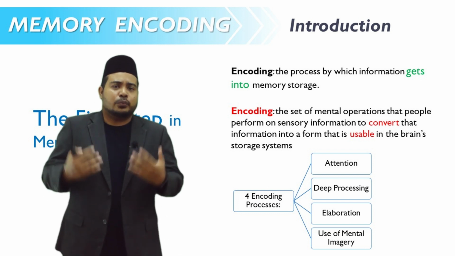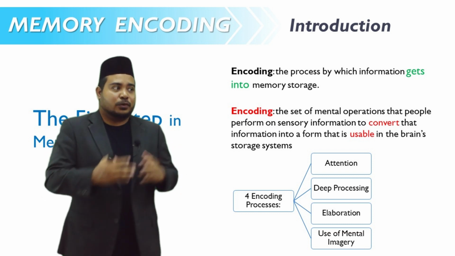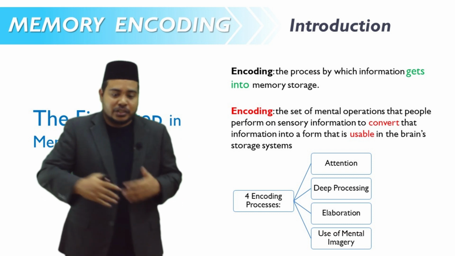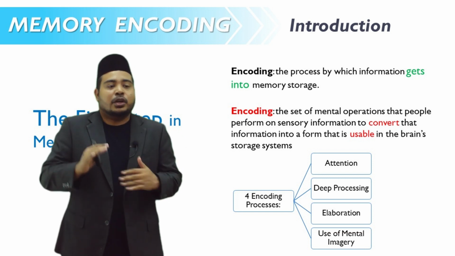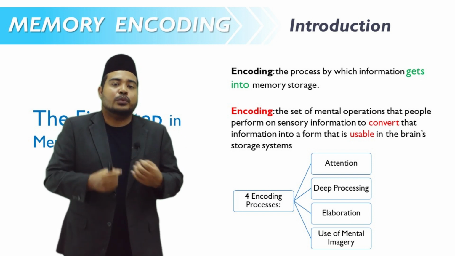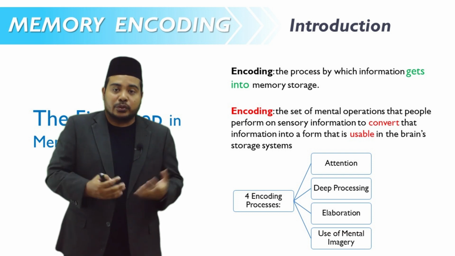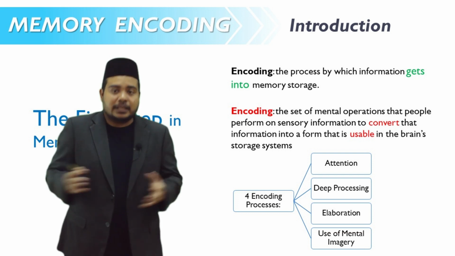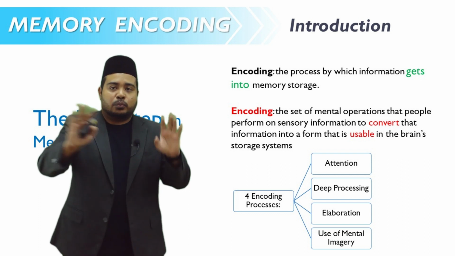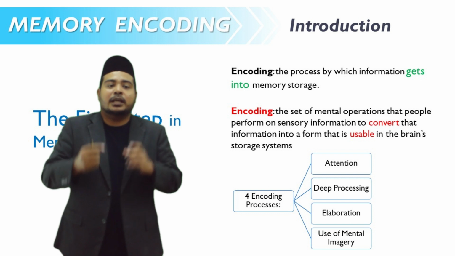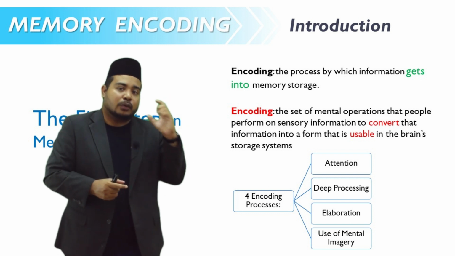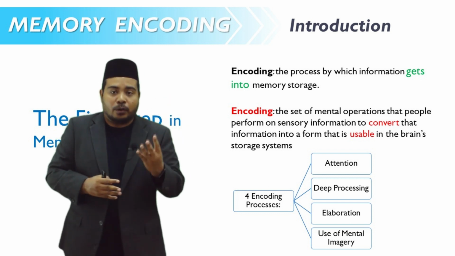Okay, so what we realize is only the information that we see and the information that we retrieve back. But the process involved in the middle, we don't realize it. Okay, how we keep that in our brain, we don't realize it. Okay, so this is the process of encoding when we sense information and we want to convert that information into something that we store in our brains, which involves four processes.